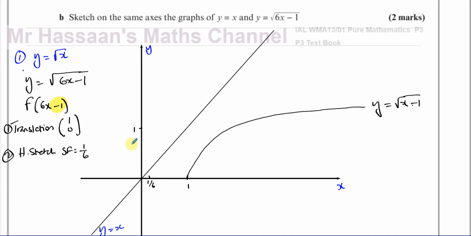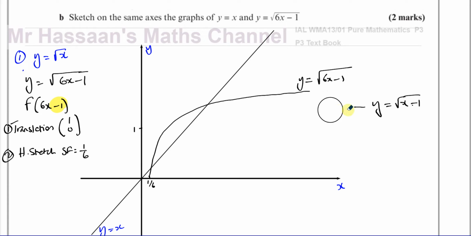And the whole graph will look kind of a bit squashed up. So it'll be kind of something like this. So that's how the graph of y equals the square root of 6x minus 1 would look. It's just a rough sketch, but that's how we can make a sketch of it.